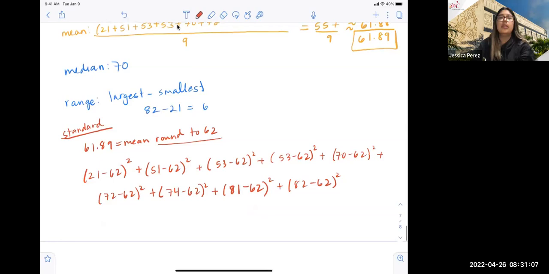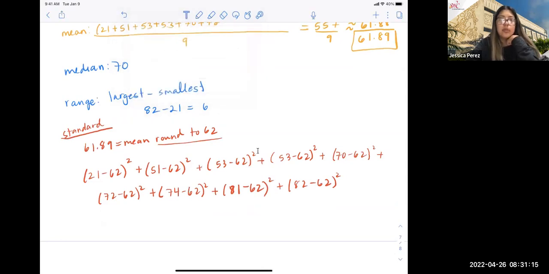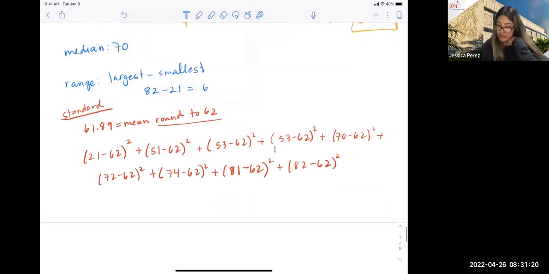So I'm going to go ahead and subtract and square. Okay, so you sum the squared quantities. So let's go ahead and do that.